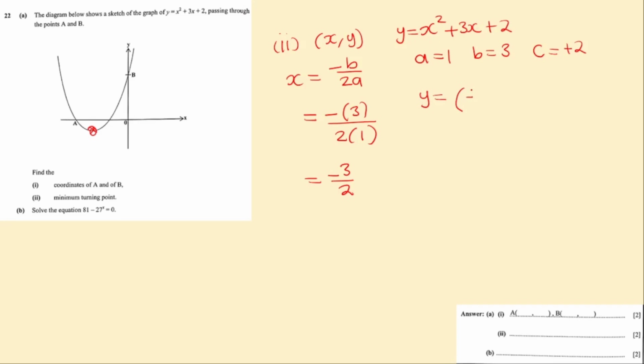So negative 3 over 2 squared plus 3 multiplied by negative 3 over 2 plus 2. Now it is just a matter of making some computations. So when we square this, I'm going to have 9 over 4.